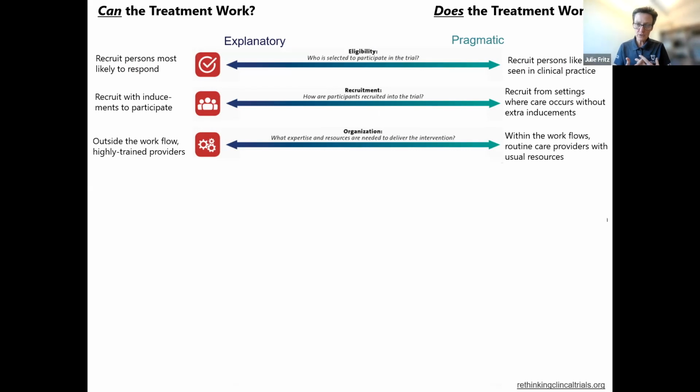And I think it's important to note a couple things here before going into the specifics. One is this idea of a pragmatic trial versus an explanatory trial really is a spectrum. It's not a dichotomized category that you put a particular study element into.